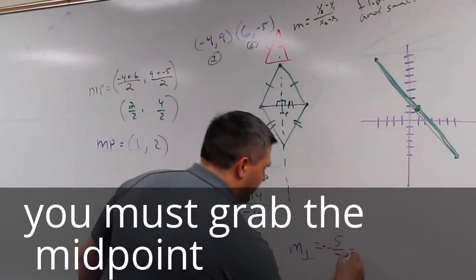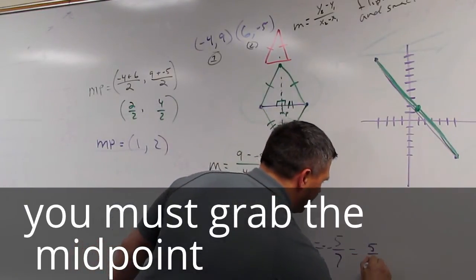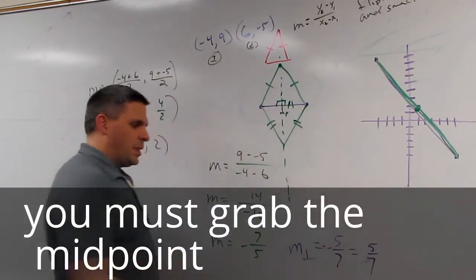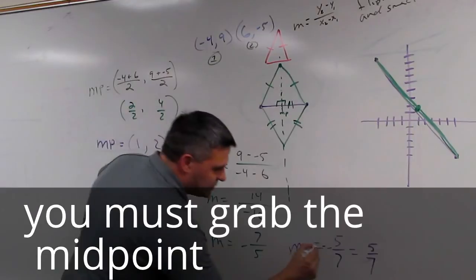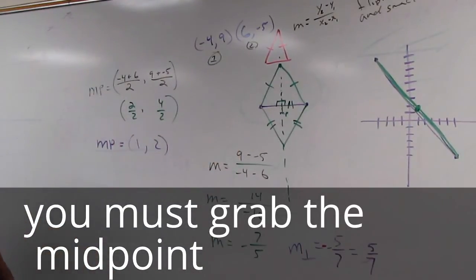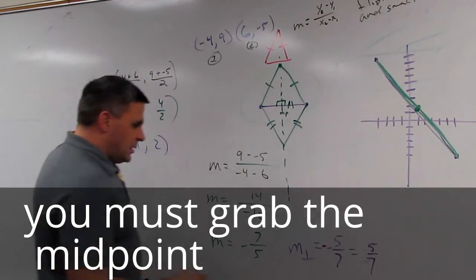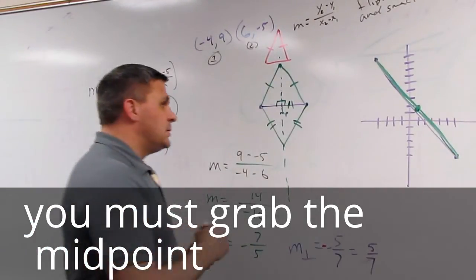A double negative implies that it's a positive, so it's 5 over 7. Okay? So there's that second smack right there. So you flipped it, you smacked it, you got 5 over 7. Alright? And now we know what our m perpendicular is.